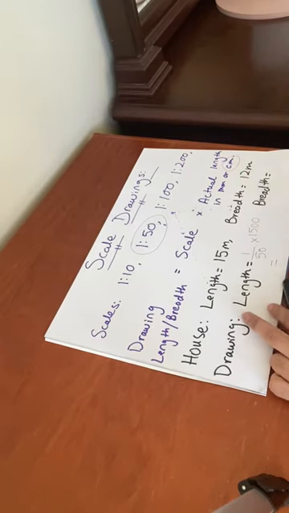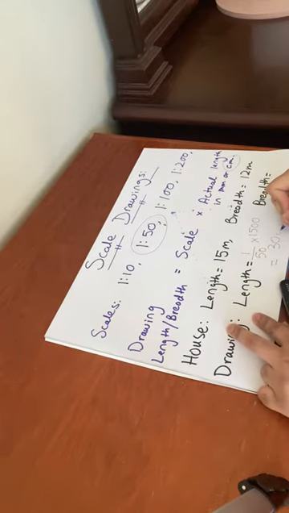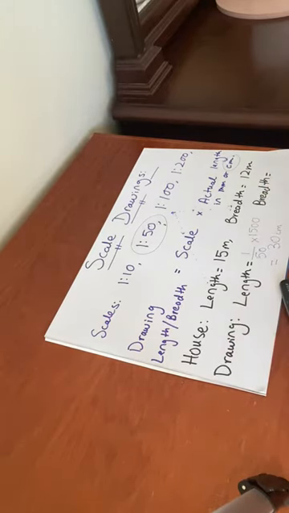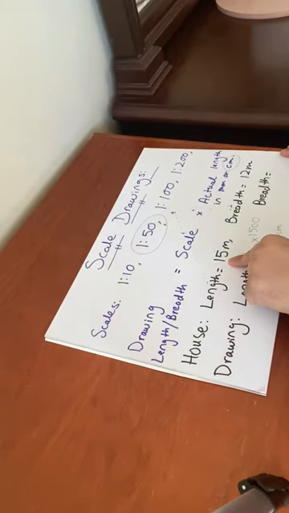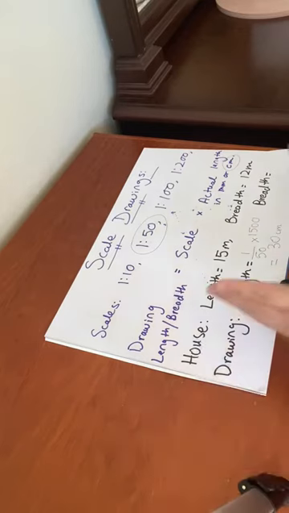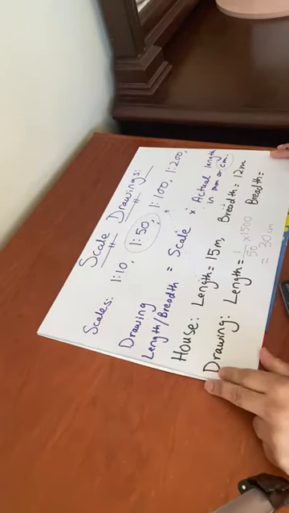I put that into the calculator: 1/50 times 1,500. That gives me 30 centimeters. So using a scale of 1 to 50 means 15 meters in real life is equivalent to 30 centimeters on a piece of paper, the length of the house that I've chosen.